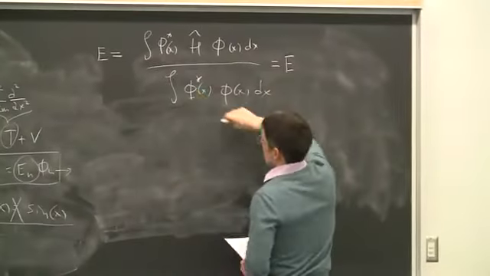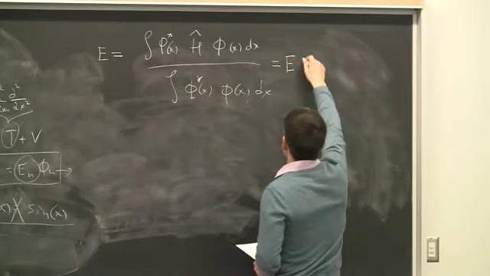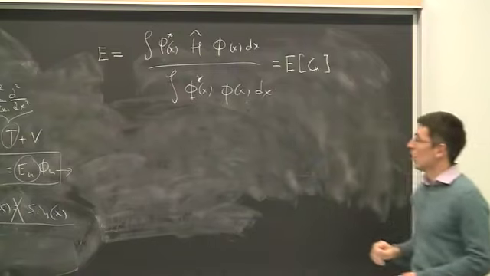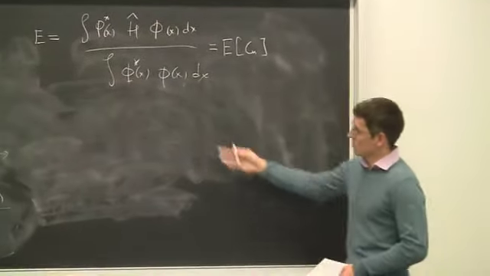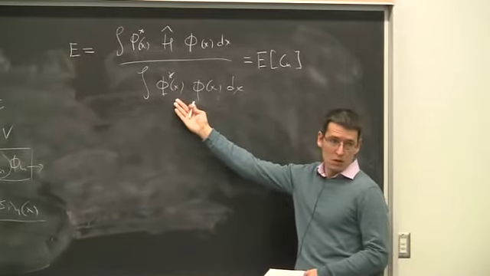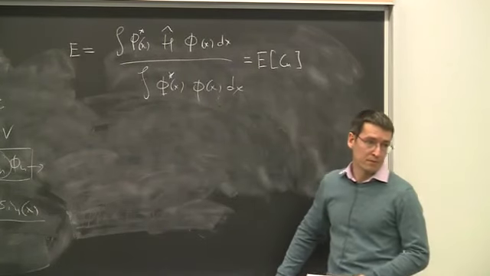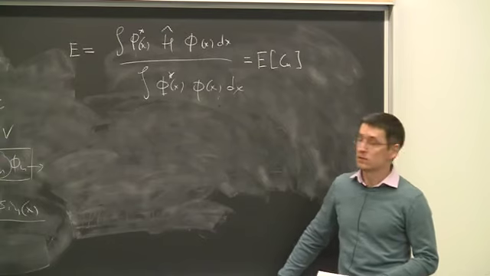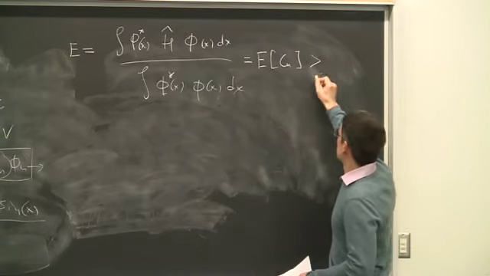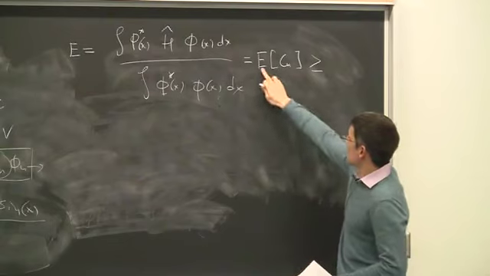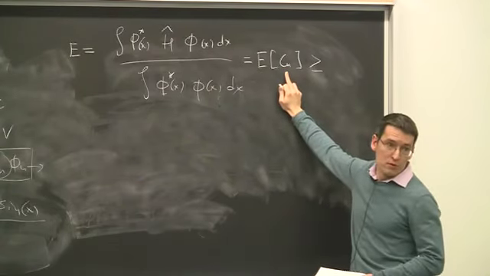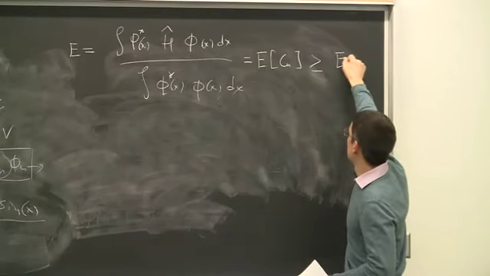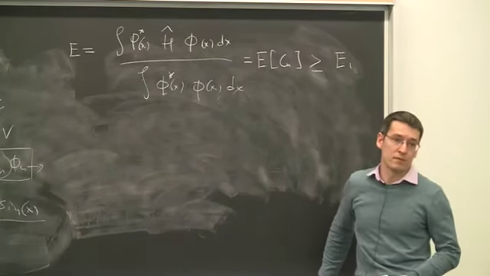Therefore, this energy that we formulated like this can be considered as a function of those coefficients, because the coefficients will go into every phi, right? So then we know that this energy, no matter what coefficients we put, will always be higher than the true energy, right?